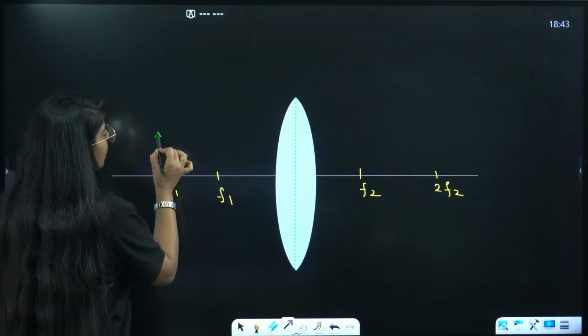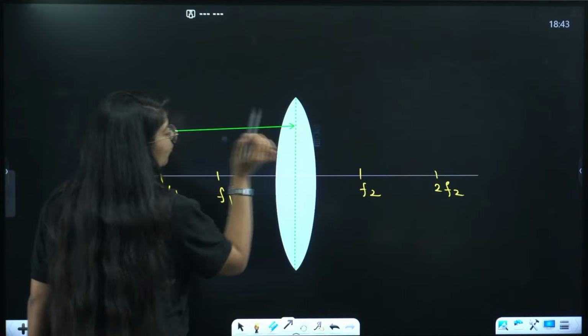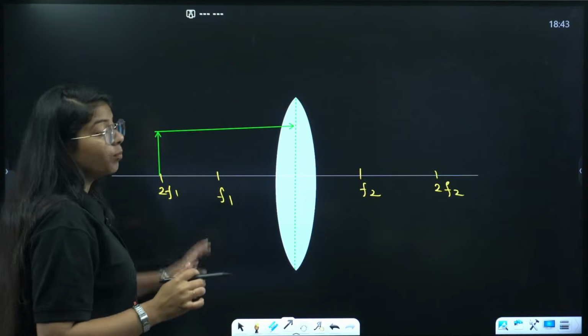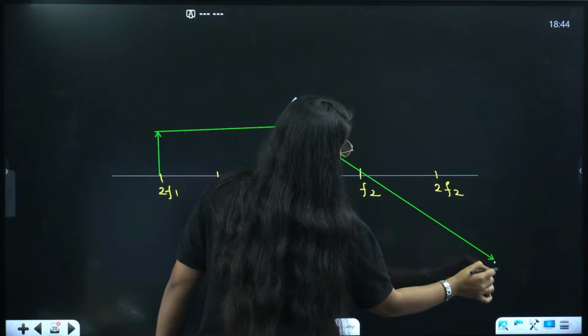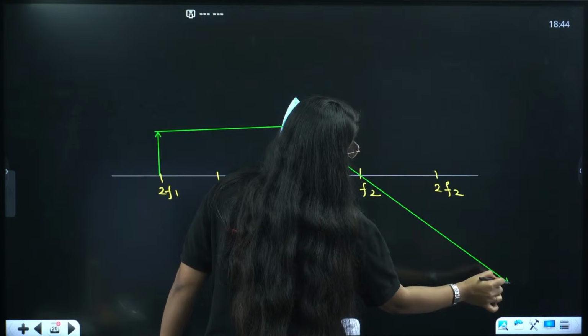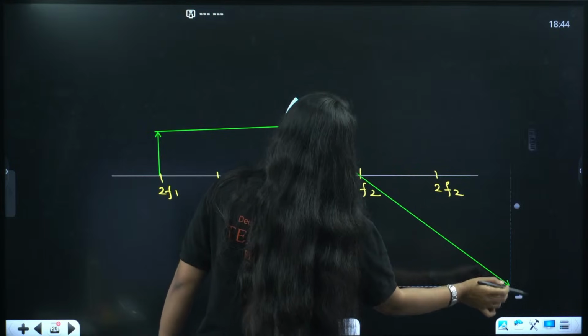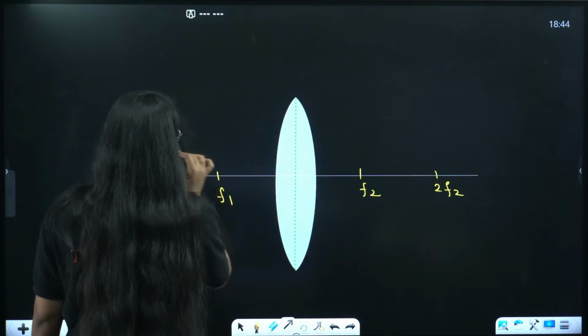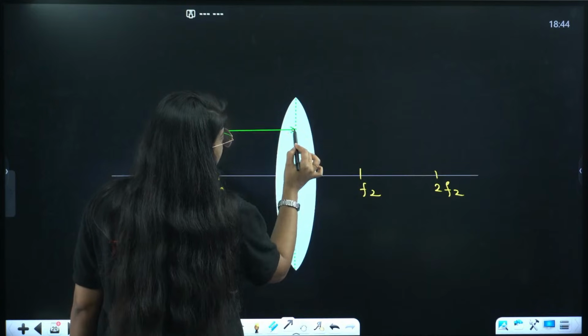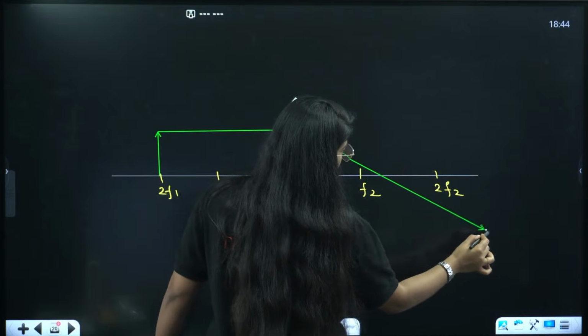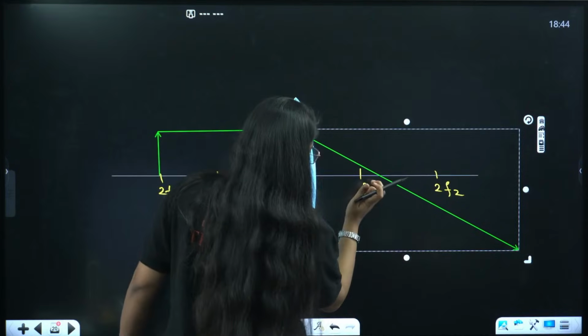So what will happen? One ray will go parallel to the principal axis, या optical axis in this case, and it will pass from the focus. Done? थोड़ा सा गड़बड़ होगा इधर. It will pass from the focus. Focus थोड़ा पीछे बनाते हैं इसका.